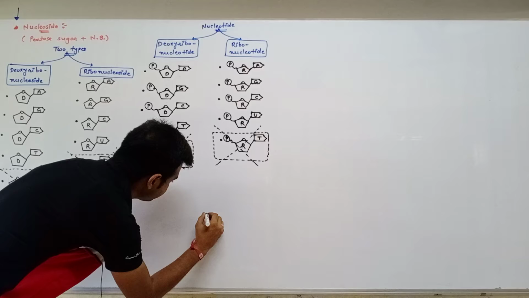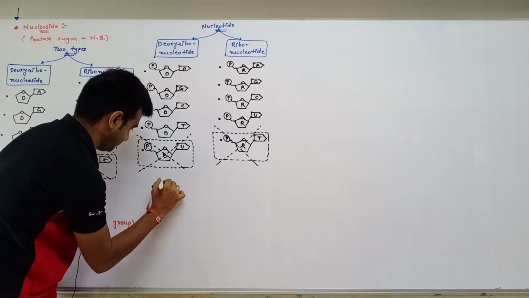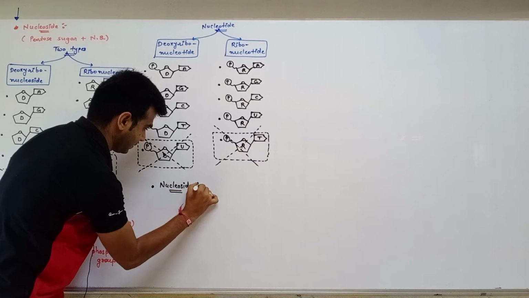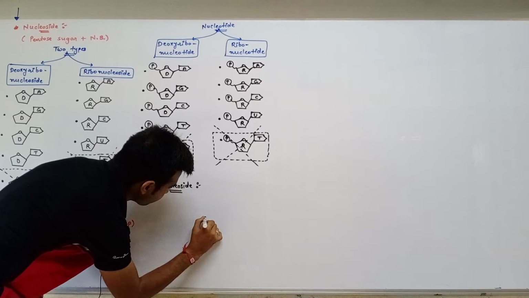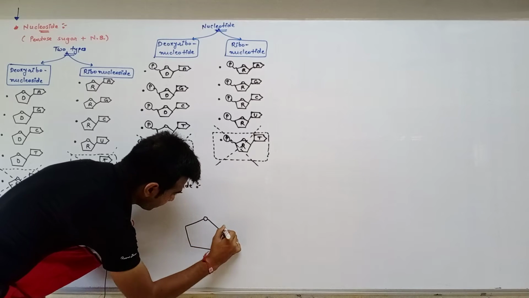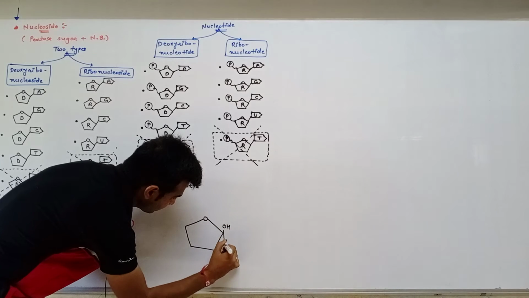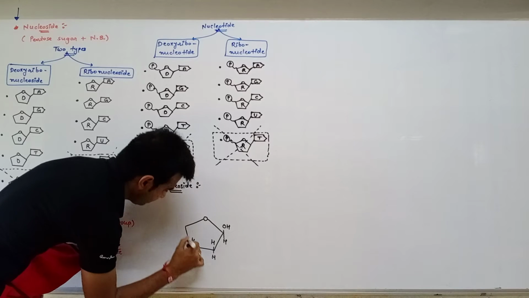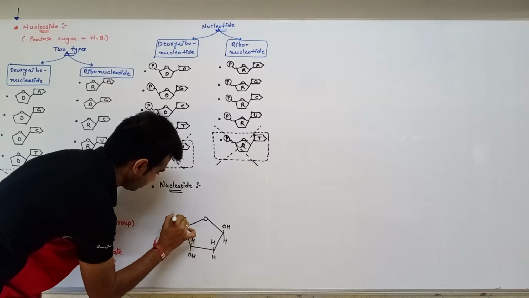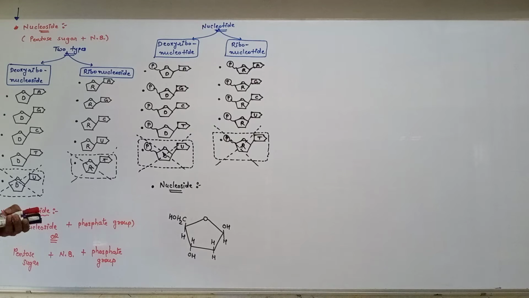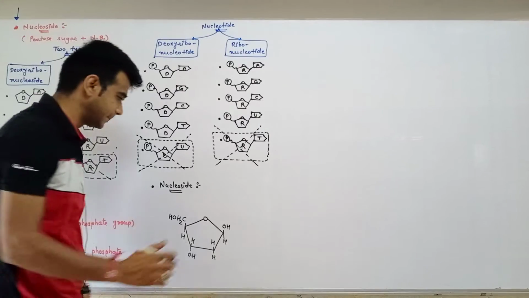Deoxyribose sugar. Okay, see carefully, this is the deoxyribose sugar, here H is there.